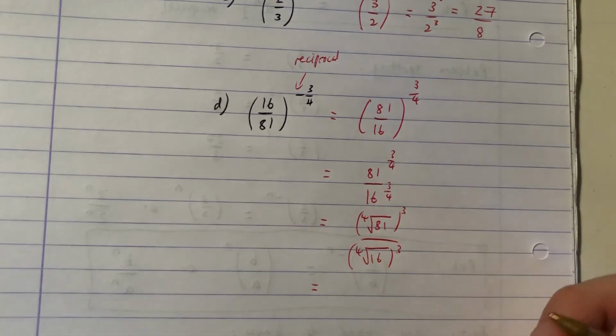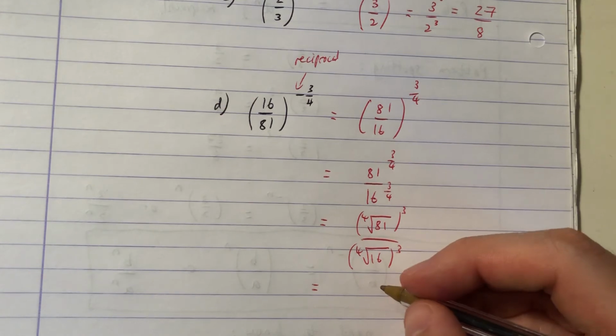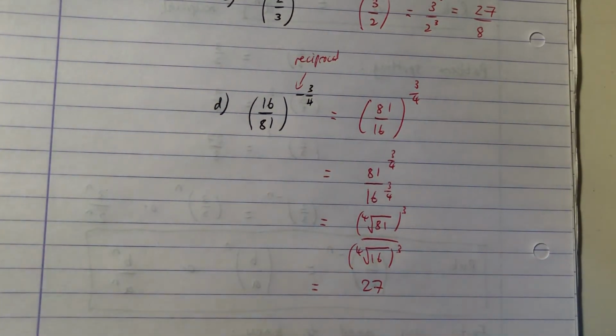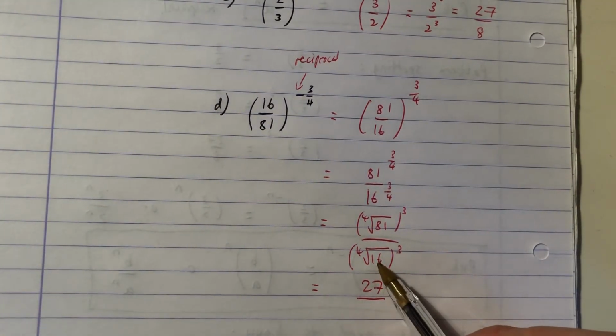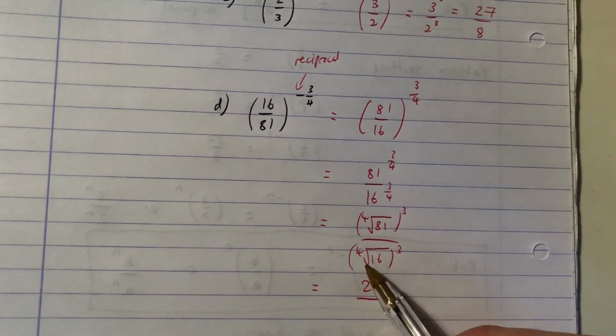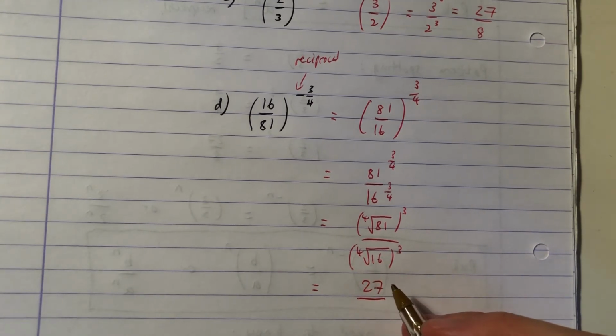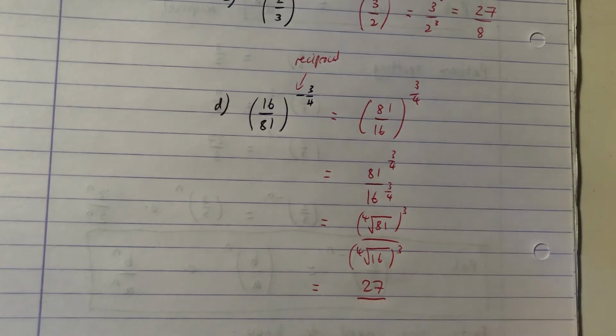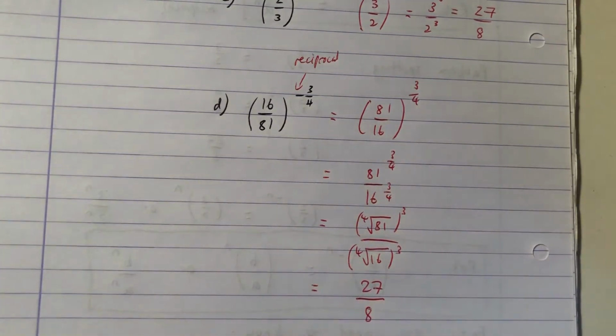And 3 to the power of 3 is 27. Over 16, the 4th root of 16 is 2, because 2 times 2 times 2 times 2 is 16. And then 2 to the power of 3 is 8. 27 over 8. Coincidentally, the last two parts, C and D, were both exactly the same answer.